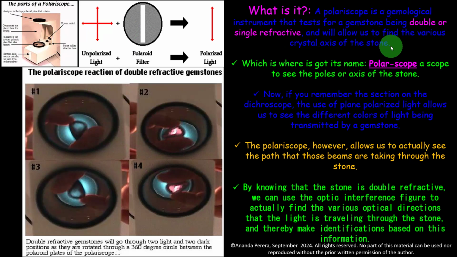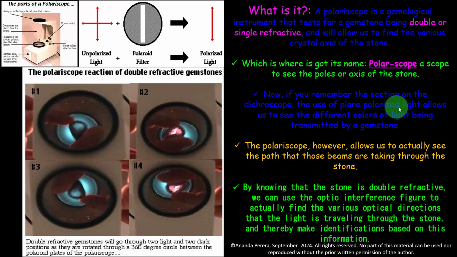There are 3 crystal axes, X, Y, and Z. You know, pleochroism is in the Z axis, which is where this machine got its name, polariscope: a scope to see the poles or axes of the stone. So it is called the polariscope.